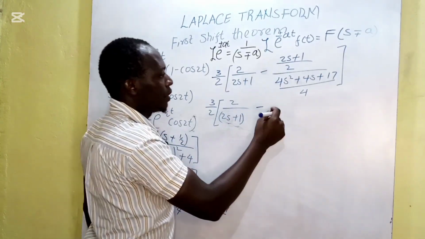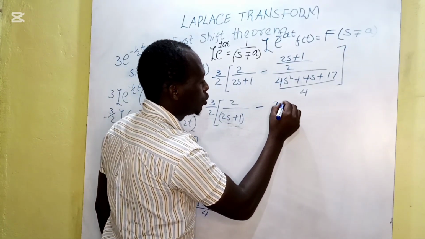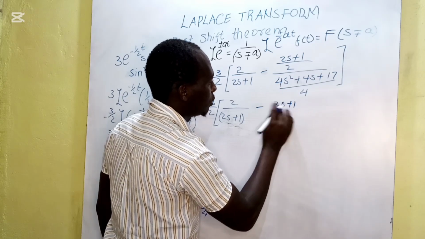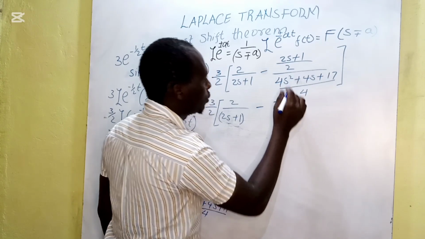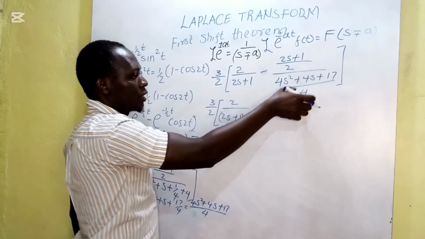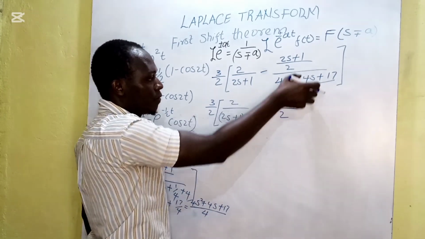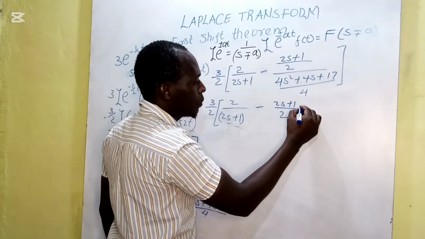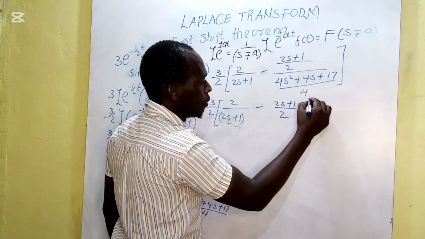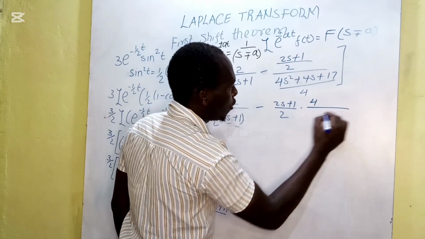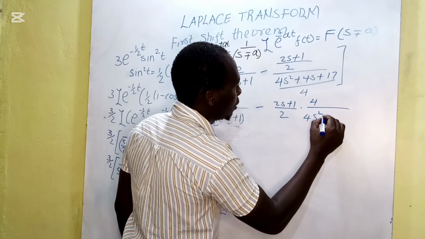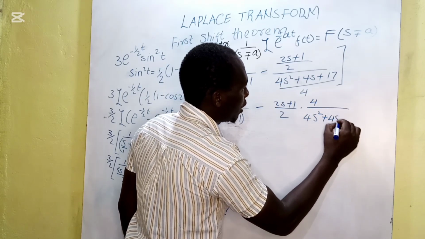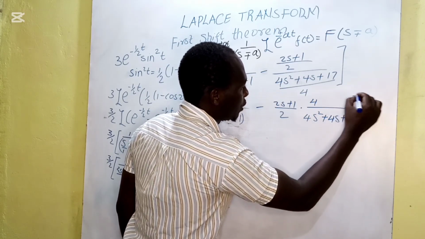To mean that now here we are going to have 2 as we add to 1 all over 2. This fraction on the denominator, now we are going to multiply by 4 all over 4s squared, we add to 4s, we add to 17.